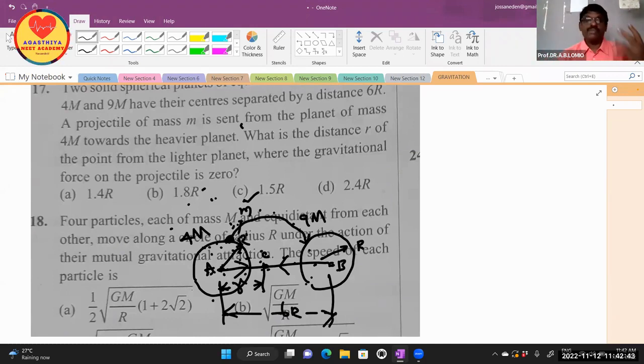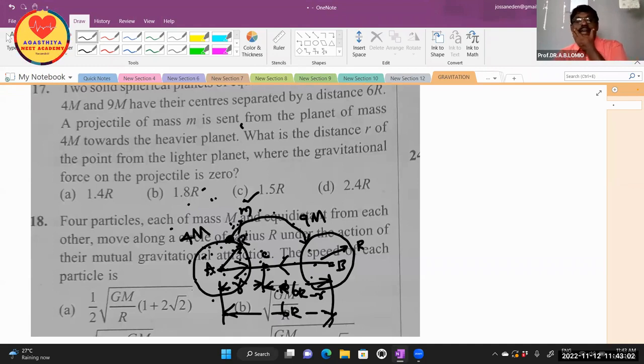We have to calculate the position. What about this distance? Capital R, sorry, 6r minus small r. Okay, this is a concept.